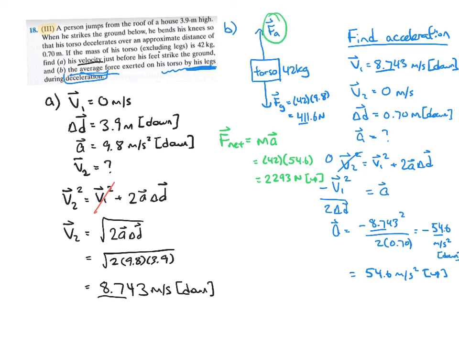So how much is the applied force? That's what the question is. Okay, so the applied force, take away 411 for the force of gravity, has got to equal my 2,293. Okay, so the applied force magnitude minus the force of gravity magnitude has to equal 2,293.